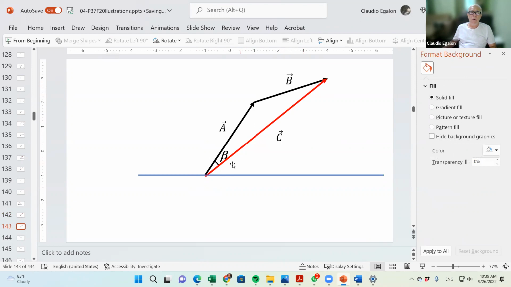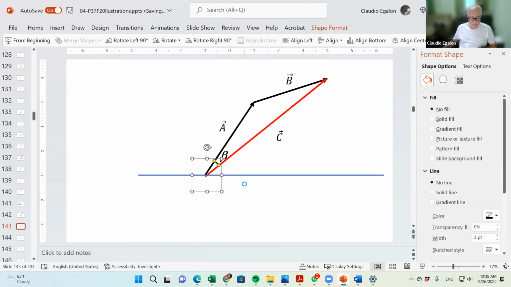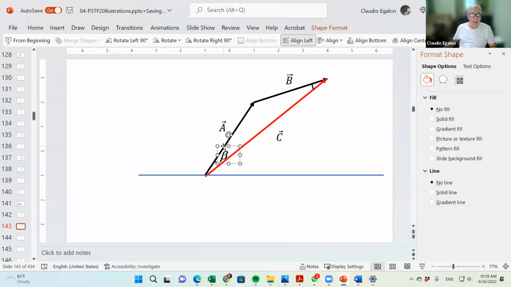This other angle here, I'm going to call the angle alpha because it's opposite to the side A, okay? Alpha, beta, gamma are the letters A, B, C of the Greek alphabet.